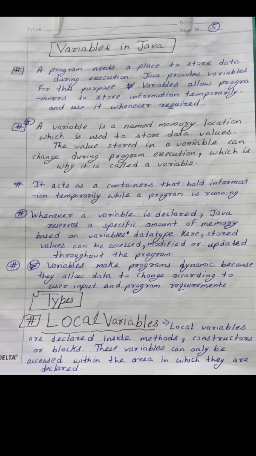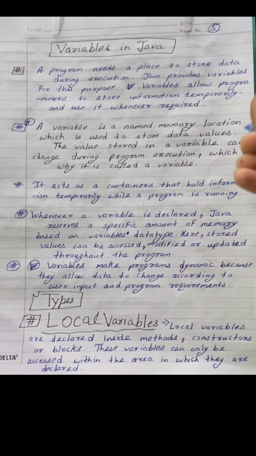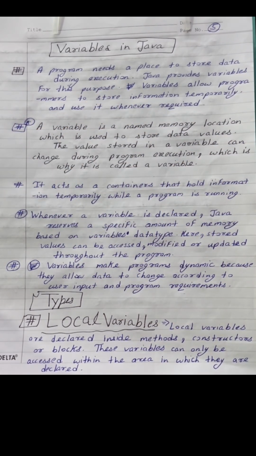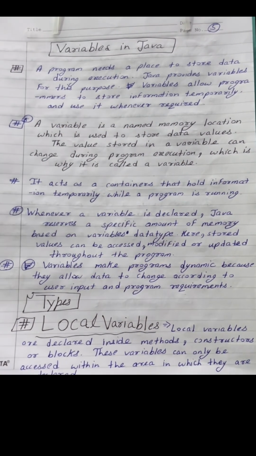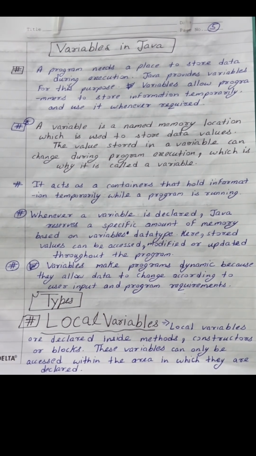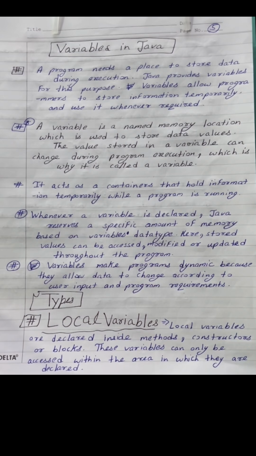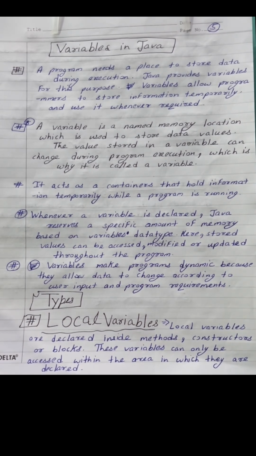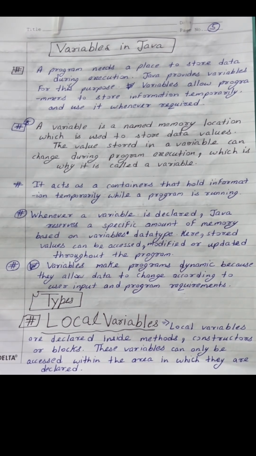Apart from that, you can note this definition in your textbook: a variable is a named memory location which is used to store data values, and the values stored in a variable can be changed during program execution, which is why it is called a variable.